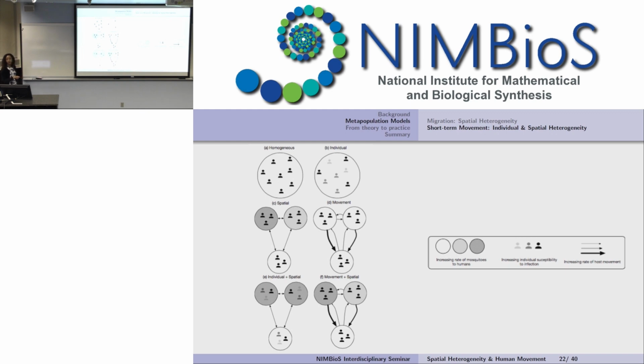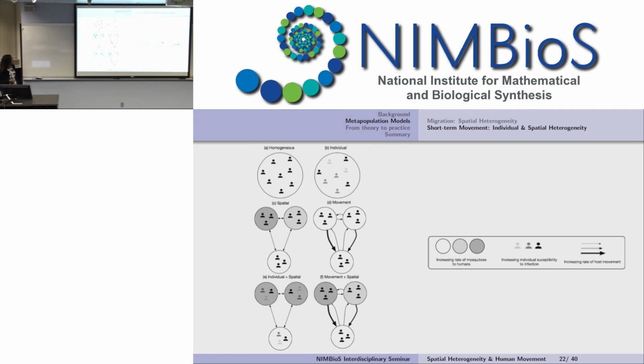This is essentially what we have been looking at, but now we're looking at short-term visits to other patches rather than permanent migration. So we assume that an individual in one patch spends some proportion of their time in the other patches. We can look at heterogeneity in movement, so the movement may not be symmetric anymore.